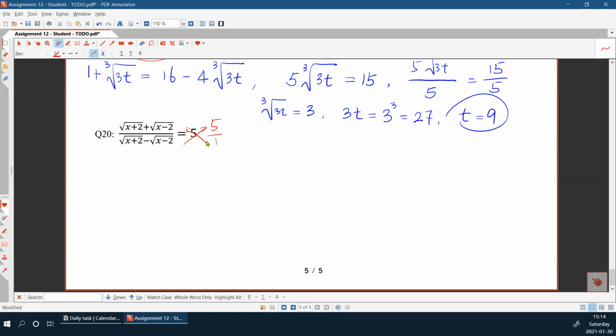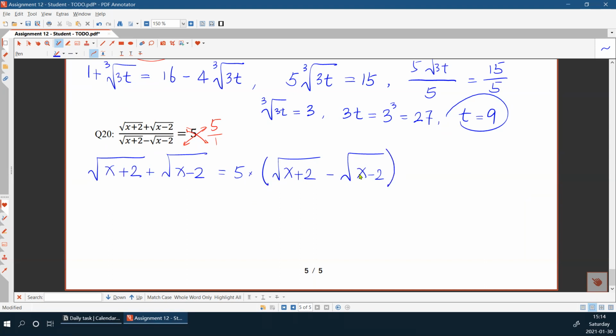And using cross multiplication, we have square root of x plus 2 plus square root of x minus 2 is 5 times square root of x plus 2 minus square root of x minus 2, right? Then expand the right-hand side of the equation.